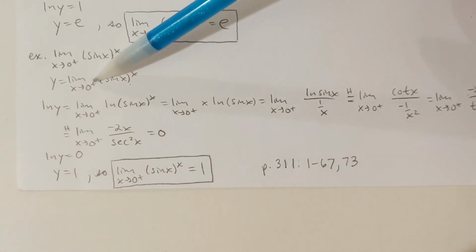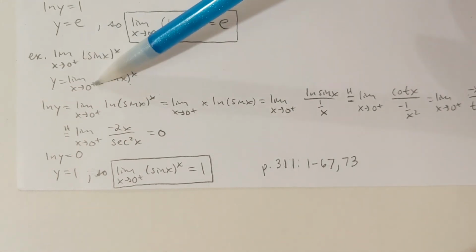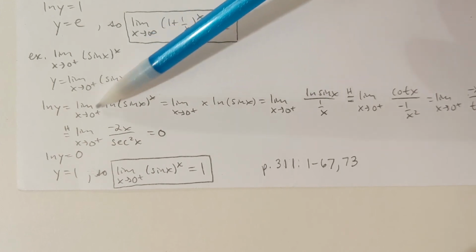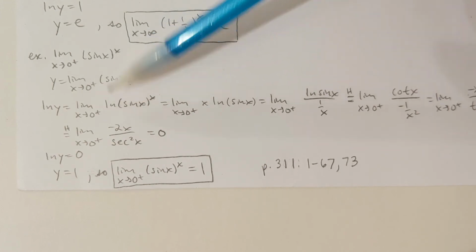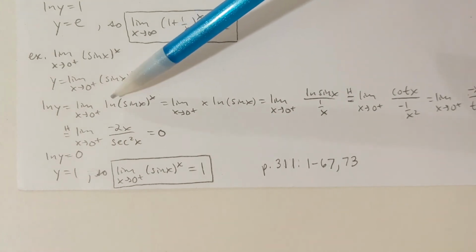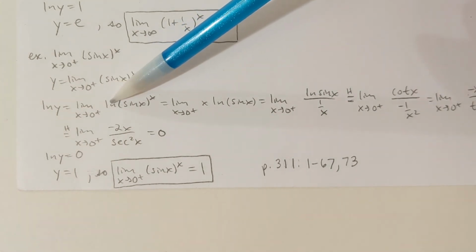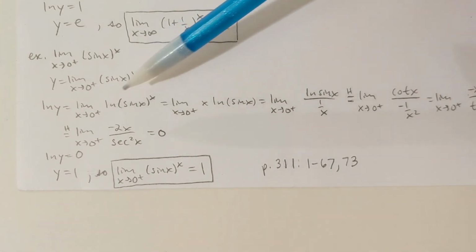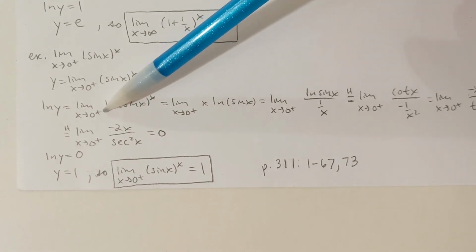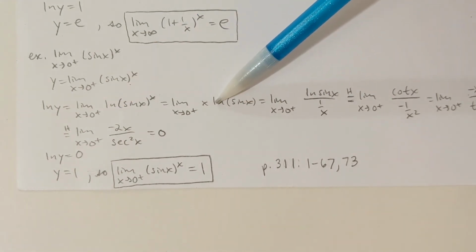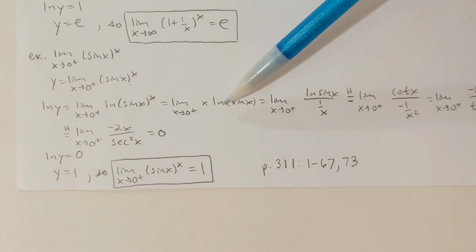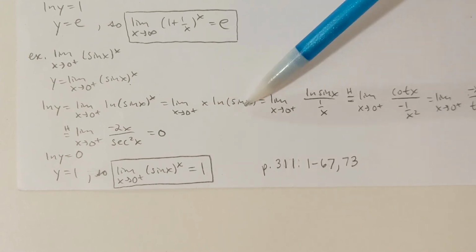By the way, the only reason why I've got direction indicated here, we're approaching 0 from the right, is because I'm going to be doing things with logarithms. Of course, the logarithmic notation can come inside the limit, and that allows you to pull the power in front of the logarithm there, inside the limit. Now, sine of 0 is 0.